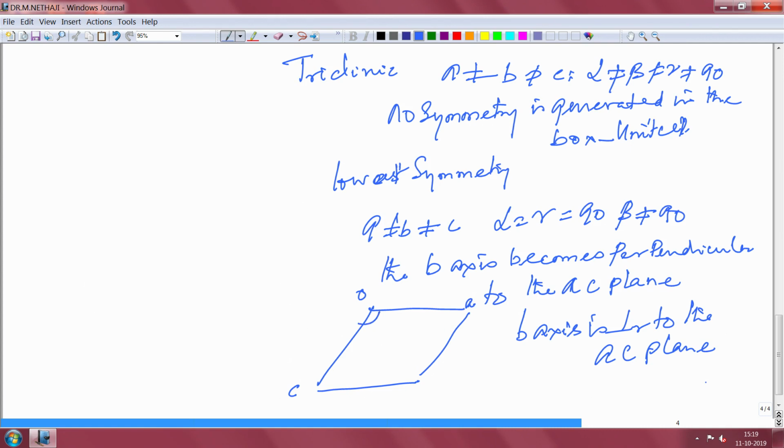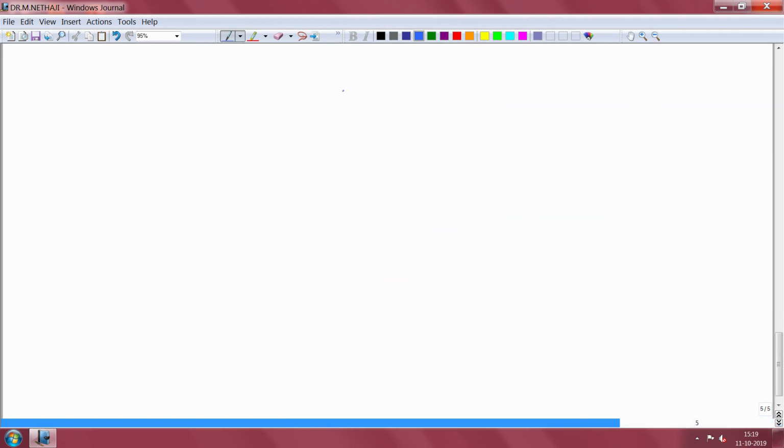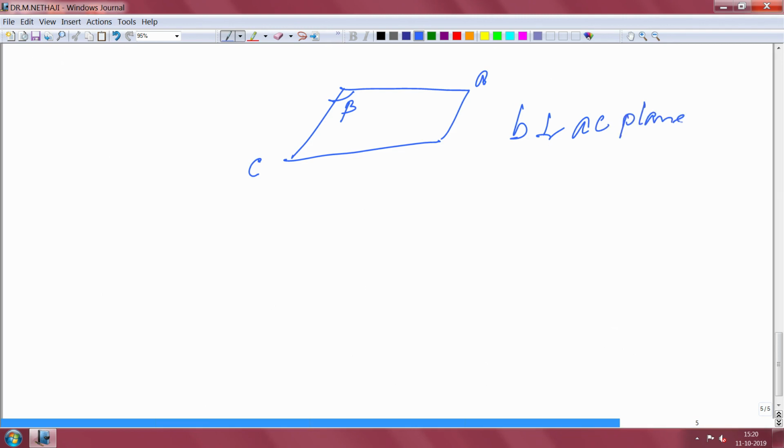So, now this becomes beta. When you take the projection down the B axis, this is my beta, this is my C, this is my A. The B axis is perpendicular to the AC plane. Now, we can imagine, let us try to complete it.